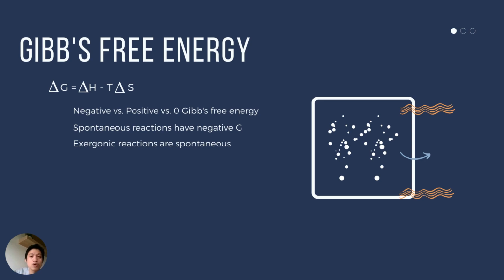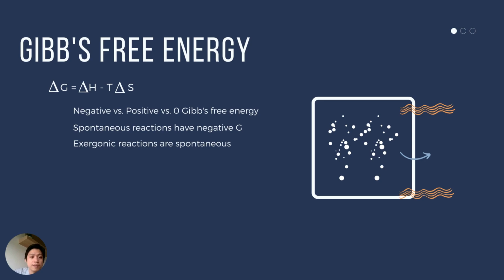Therefore, the system will remain in equilibrium. If you have a negative Gibbs free energy, that means that the entropy is really high or the temperature of the system is really high, then the system will tend to lose energy.